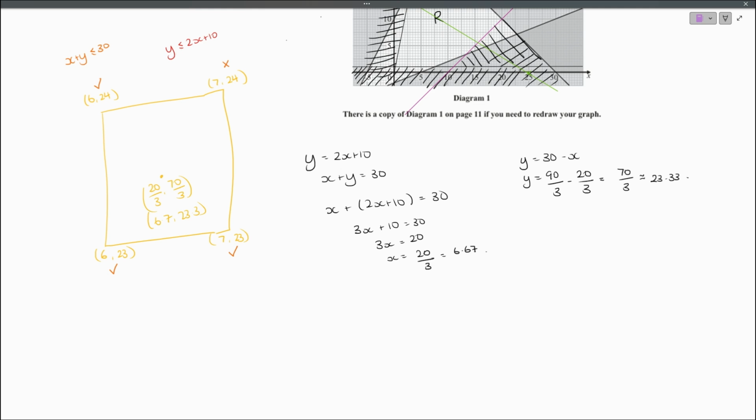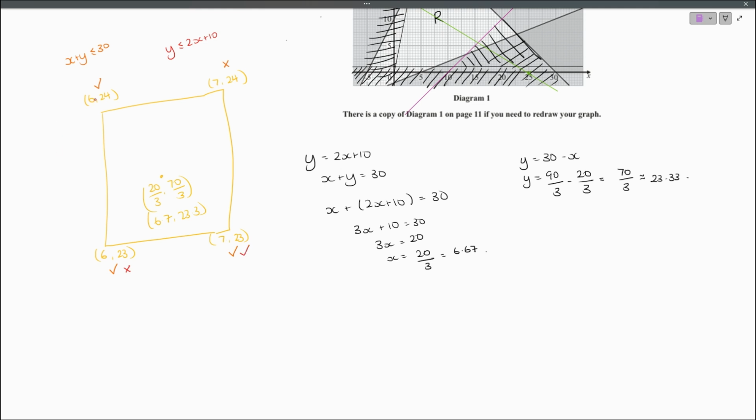So is y less than or equal to 2x plus 10? So (6, 23): 2x is 12 plus 10 is 22. 23 isn't less than or equal to 22. 7 times 2 is 14, plus 10 is 24. So y is smaller than that. So we get a double tick there.